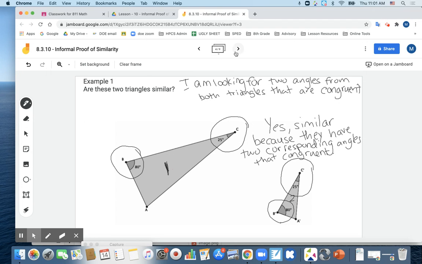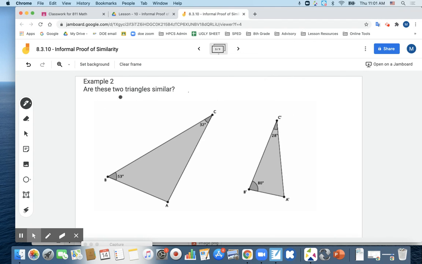So now let's look at example 2. Here are 2 more triangles. Are these 2 triangles similar? Again, what am I looking for? I am looking for 2 corresponding angles that are congruent. This is triangle 1, this is triangle 2.